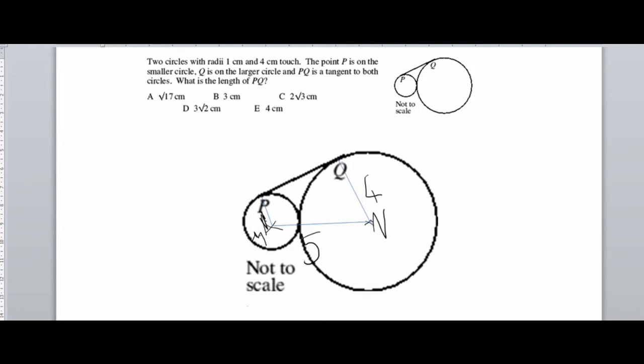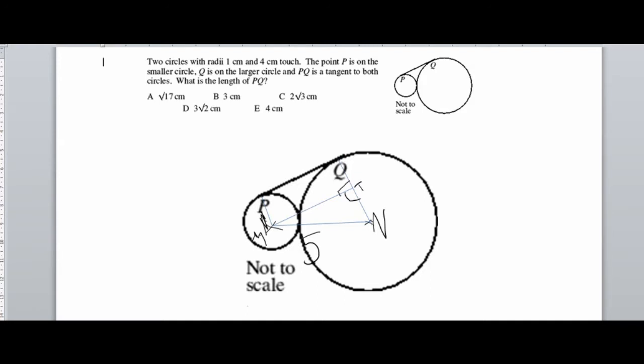So we're going to draw the perpendicular from the vertex PM to the line QN. So this angle here is a right angle, and so is this one. We're going to label the point where the line meets QN as T.